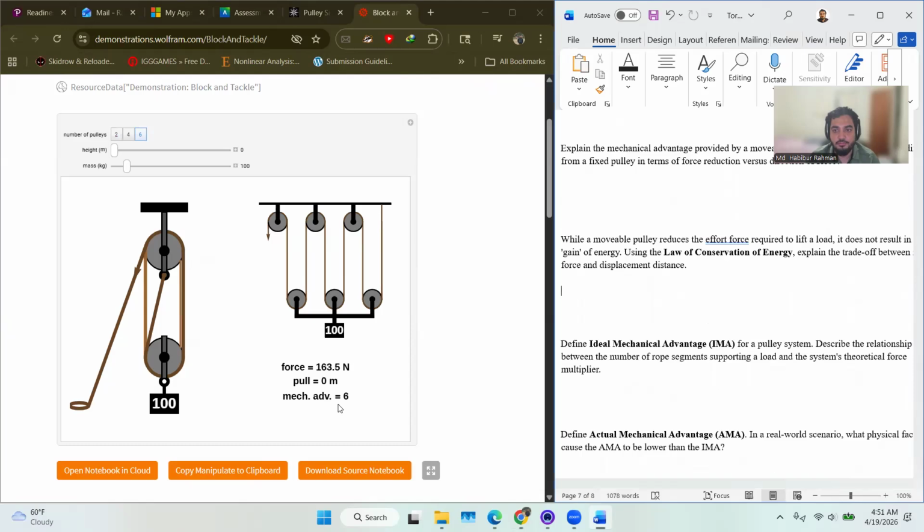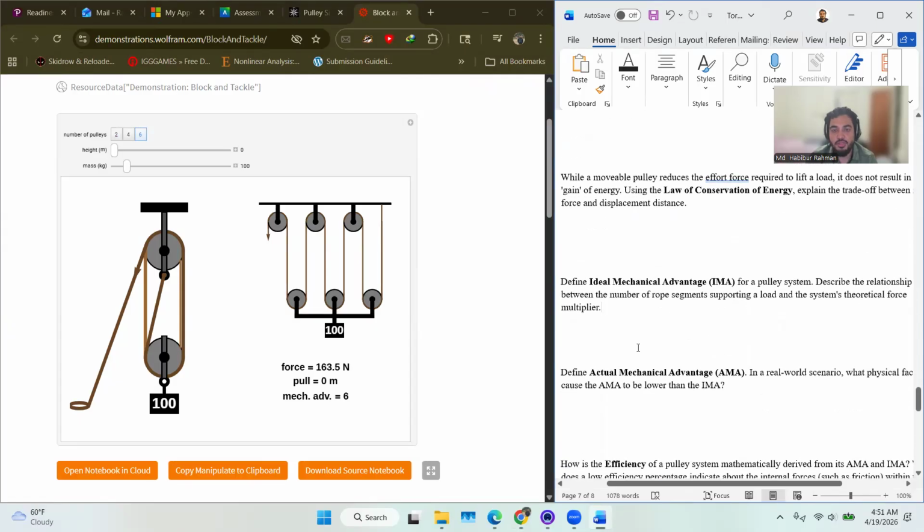The input force you are giving is very small, but the output force, the amount of force you are lifting, is very high. Ideal mechanical advantage is 6 times. The actual advantage will be much less because there will be friction of the rope and it could have different alignment.